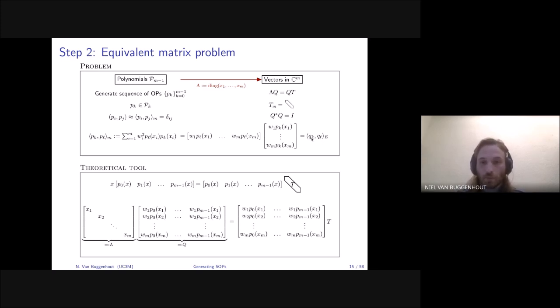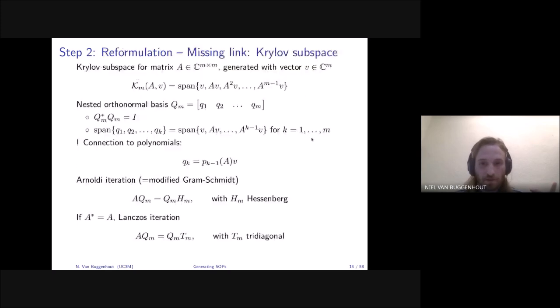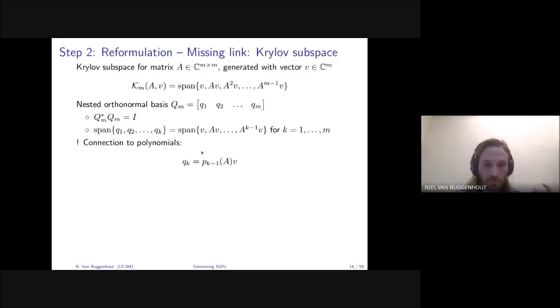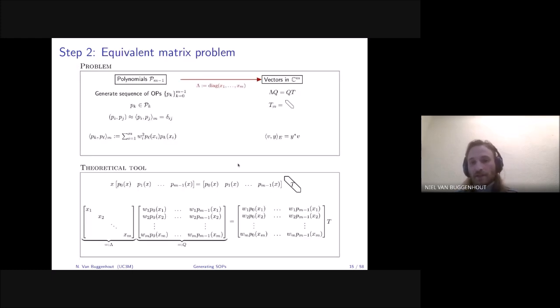Now, we know from before, so I will go back a few slides, that q_k can be written as a polynomial of degree k minus 1 in A times v. We'll plug this into our Euclidean inner product, the problem box on the bottom. If we plug in q_l and q_k, what we get is a row vector times a column vector.